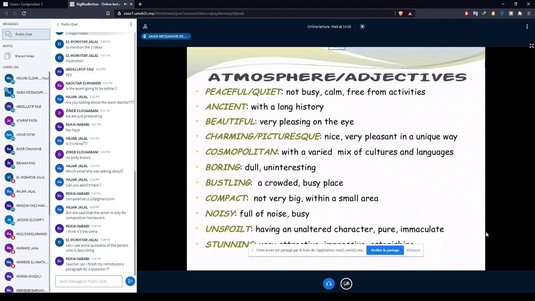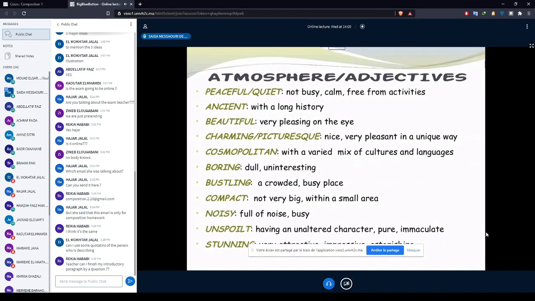Ancient means has a history. Beautiful, very pleasing on the eye, charming, picturesque, nice, very pleasant in a unique way. Cosmopolitan, with a varied mix of cultures and languages, like Casablanca, for example. Boring, dull, uninteresting place.